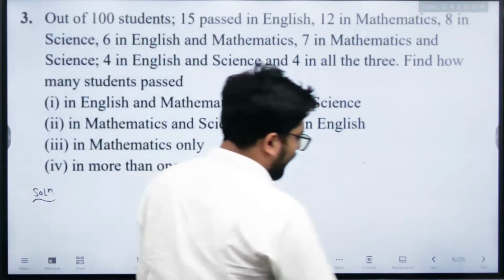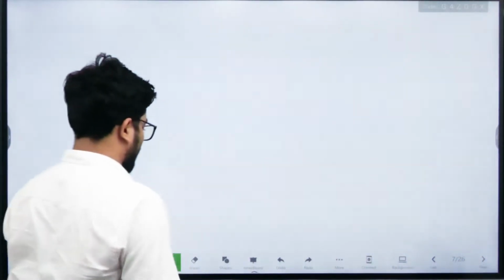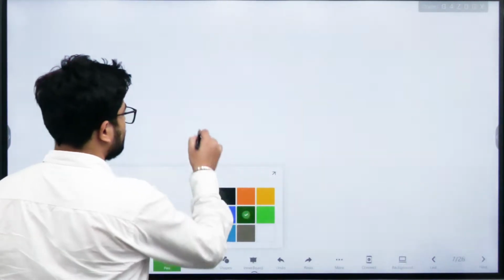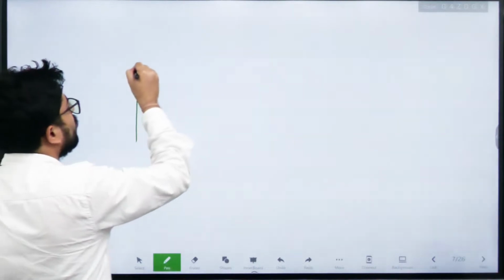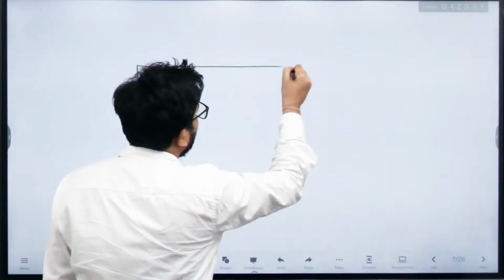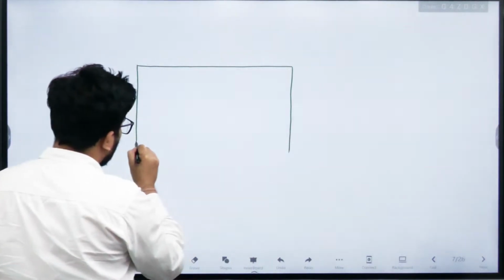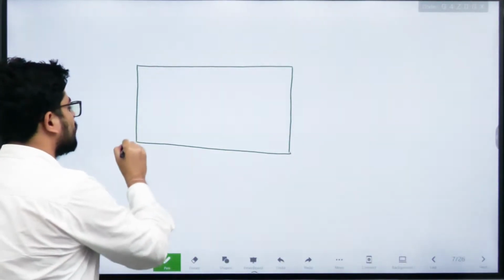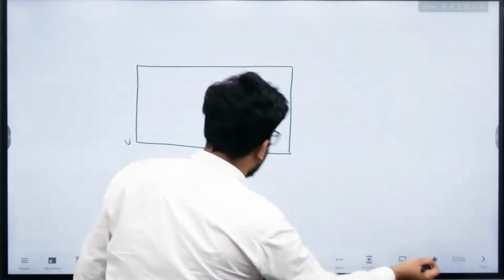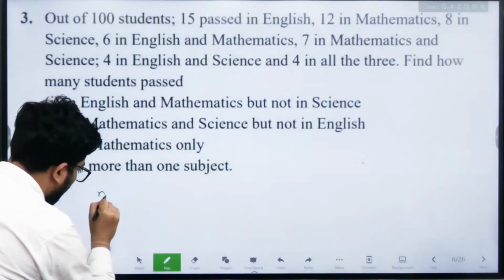So let's draw the Venn diagram for this. So if you draw the Venn diagram, the situation is like this. Let's say this is my universal set, and in this universal set, how many elements do we have? Sir, in the given universal set we have 100 elements.